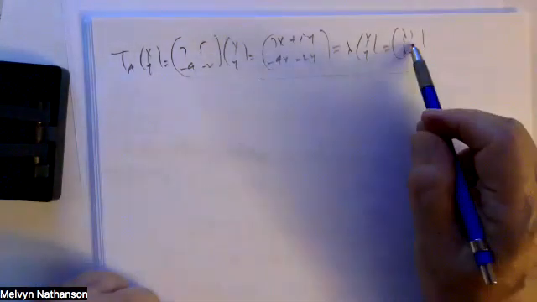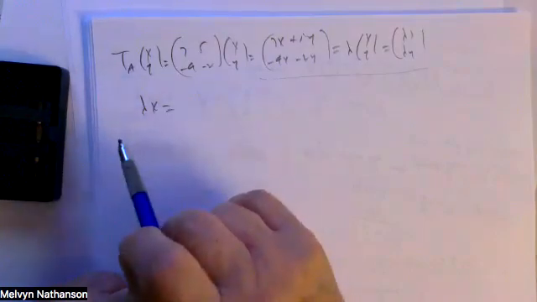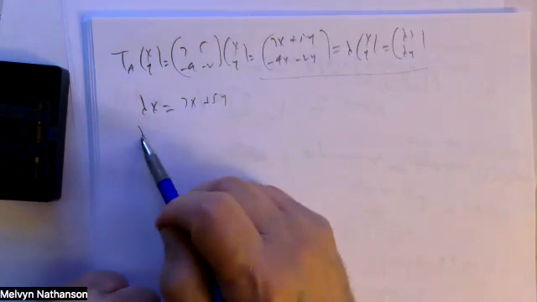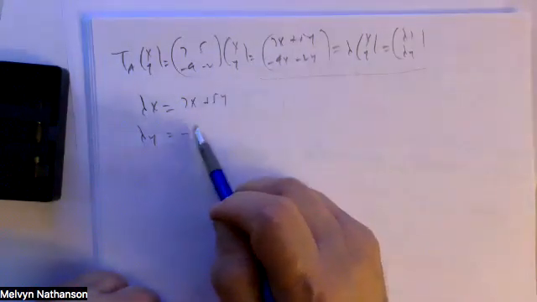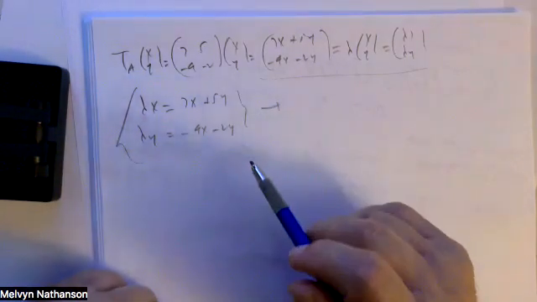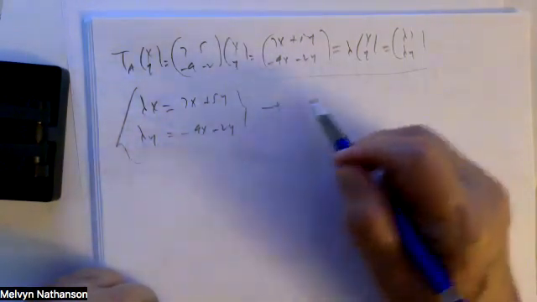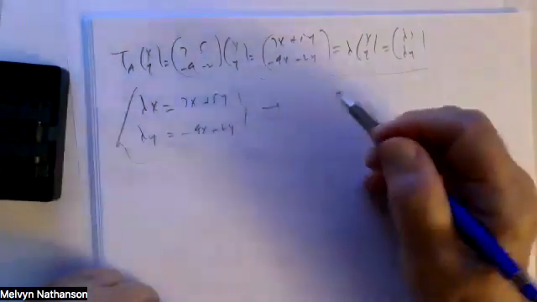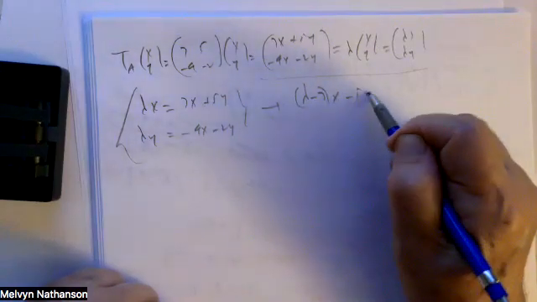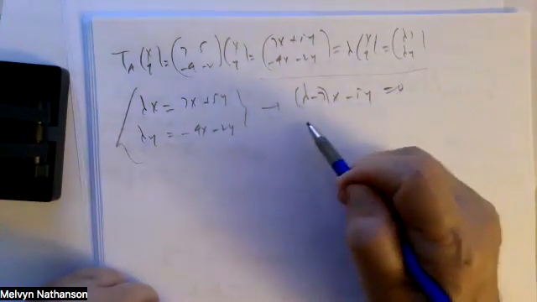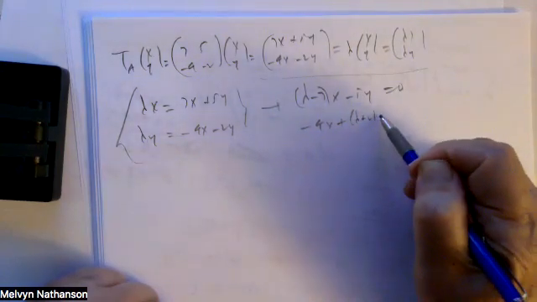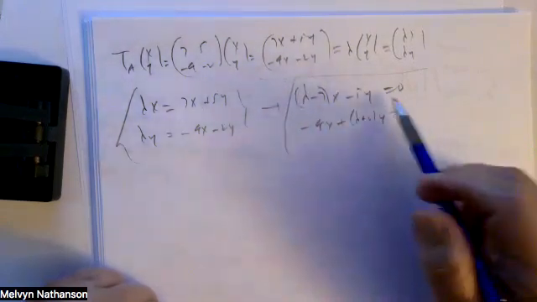This is exactly the same as saying lambda x equals 7x plus 5y, and lambda y is equal to minus 4x minus 2y. Or if I just rewrite this set of equations, bringing everything over to the left-hand side: (lambda minus 7)x minus 5y equals 0, minus 4x plus (lambda plus 2)y equals 0.